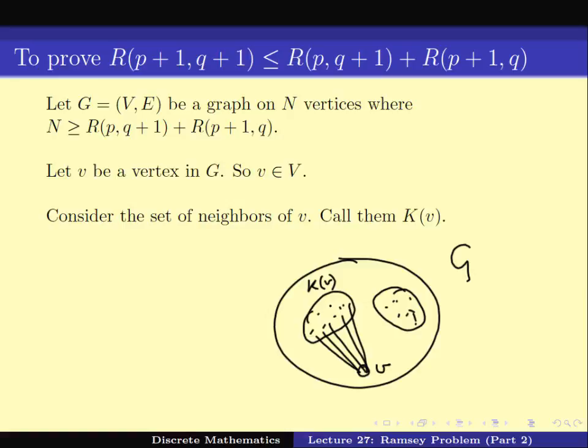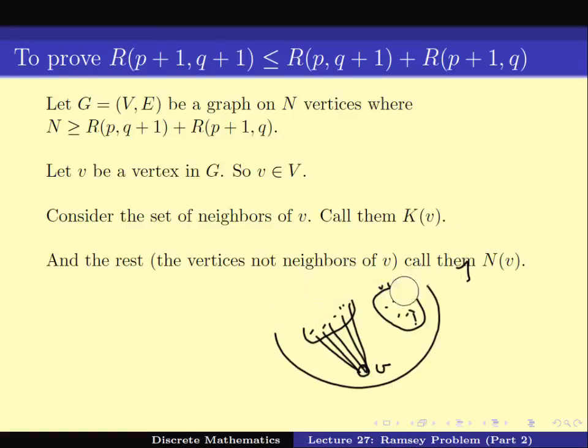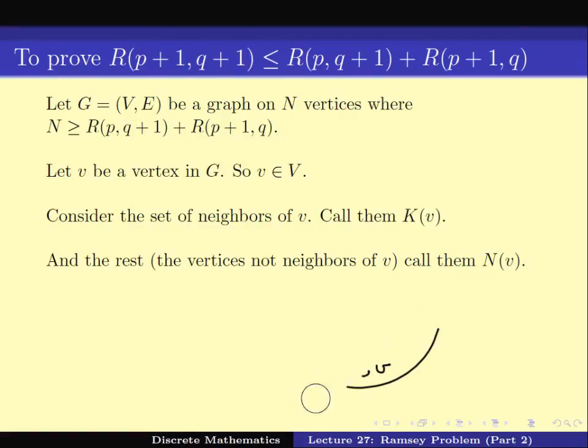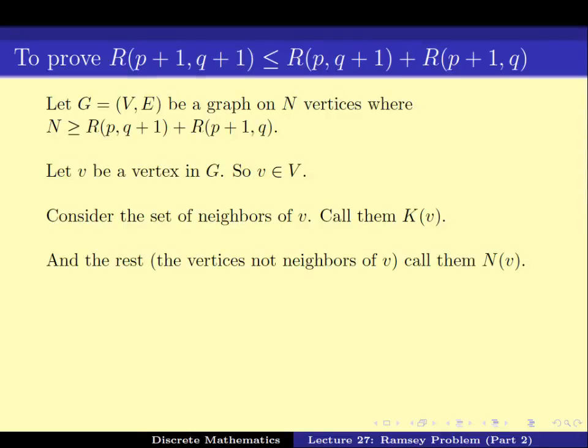Remember that this graph is just a mathematical representation of the problem. And we will call the other one N_V. So the set of neighbors of V is called K_V, and the set of vertices that are not neighbors of V is called N_V.